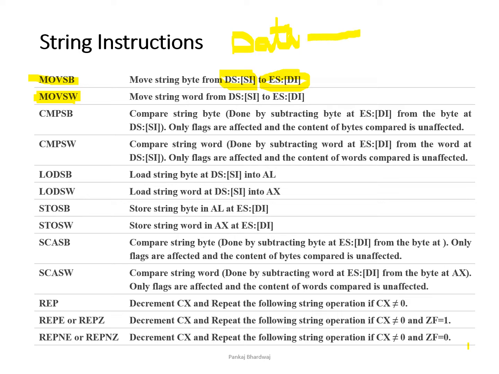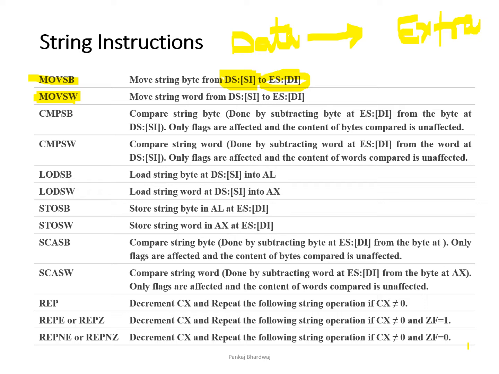So the byte is moved from the data segment to the extra segment. To calculate the address from which the byte is to be moved, we use the data segment as the segment address, and SI, the source index register, provides the offset address for the memory location from where the byte is to be moved.